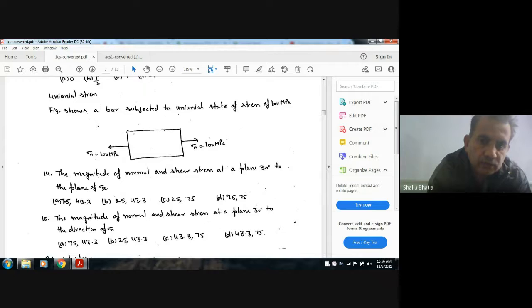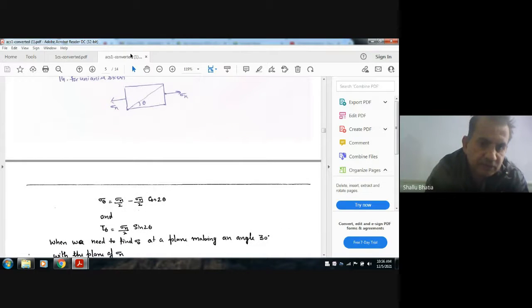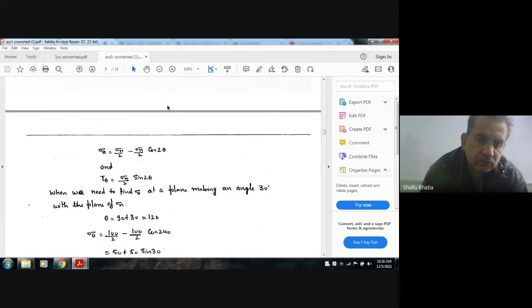So this is the formula: sigma theta is equal to sigma x by 2 minus sigma x by 2 cos theta, and tau theta is sigma x by 2 sin theta. Here theta will be 90 plus 30, that is equal to 120.